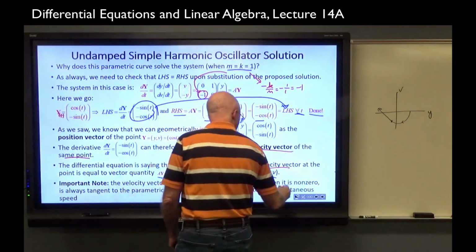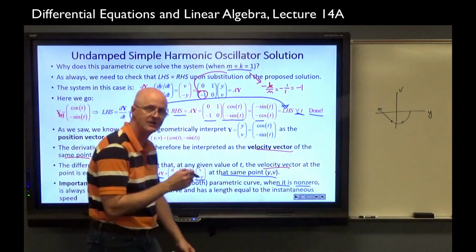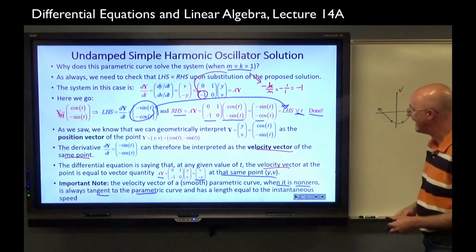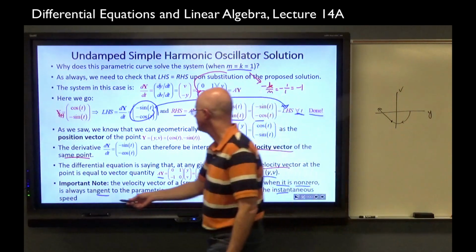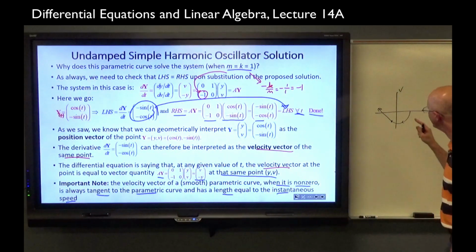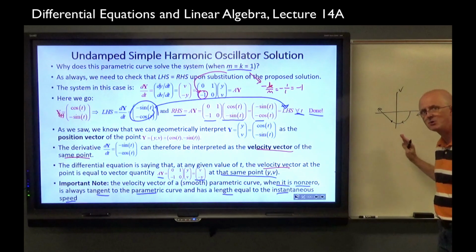When the vector is non-zero, it's tangent to the curve. It's pointing in the direction of motion at that given moment in time. And it's got a length equal to the instantaneous speed. Again, not of the mass of the spring, but of the point as it moves around the plane, pretending this is an actual physical plane.